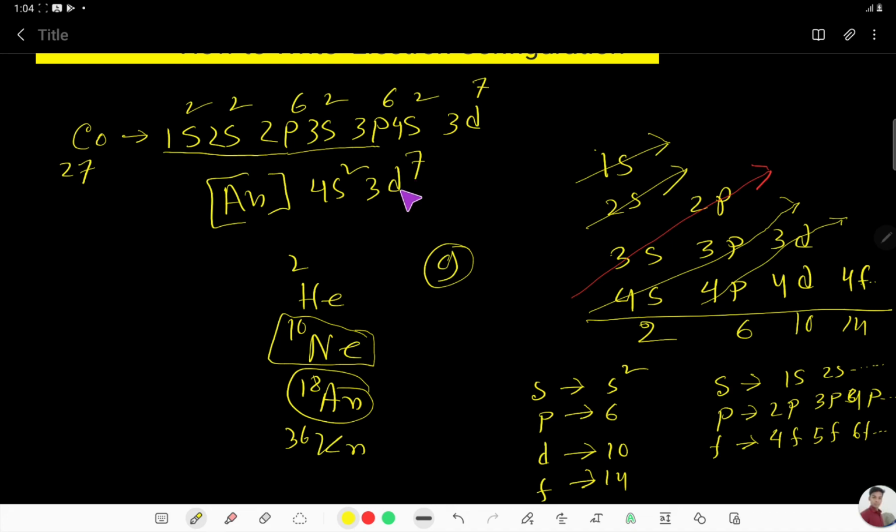For a transition metal you will not get d10, you will get d1 up to d9, right? The incomplete d subshell is considered as part of the valence shell for a transition metal. So here the valence electron count is 9 and this is the noble gas notation.